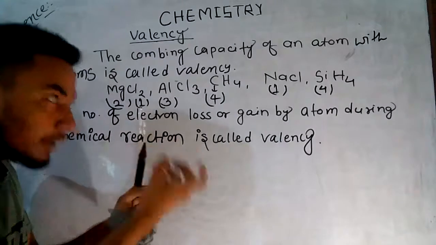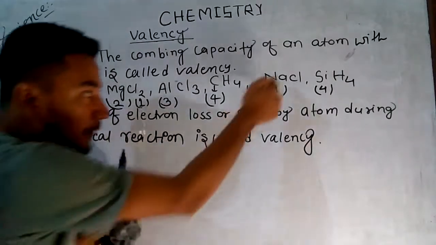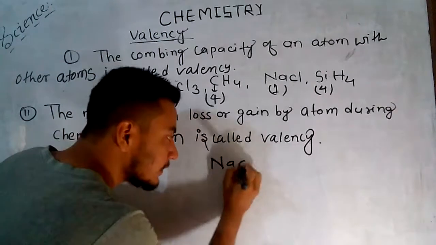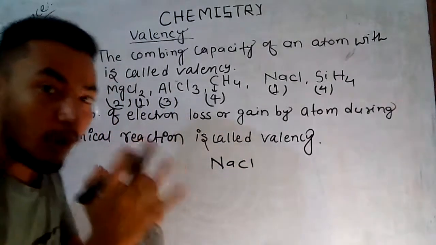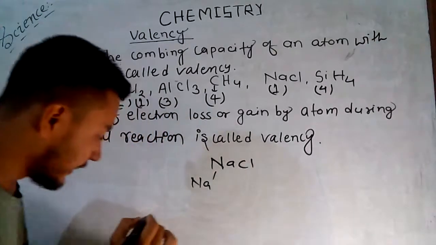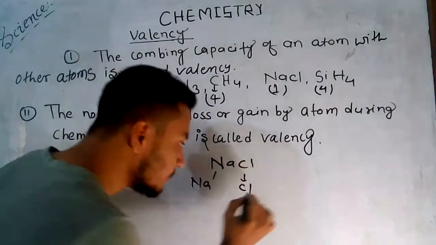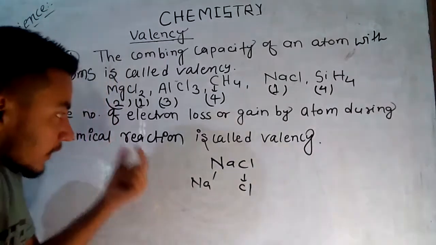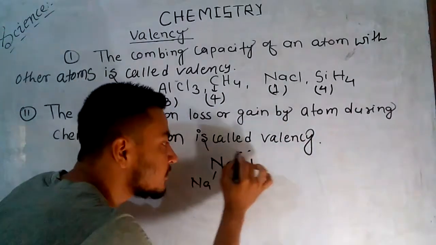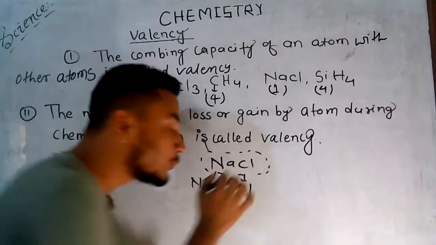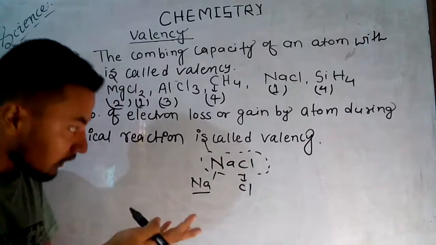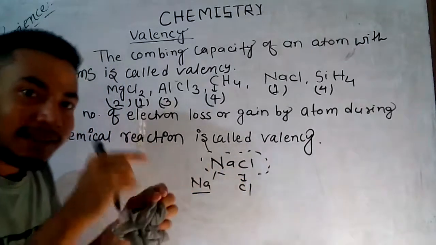For example, NaCl is a molecule. In this molecule how many atoms are there? 2 atoms, a sodium atom and a chlorine atom. According to this definition, in the formation of NaCl, how many electrons are lost by sodium?